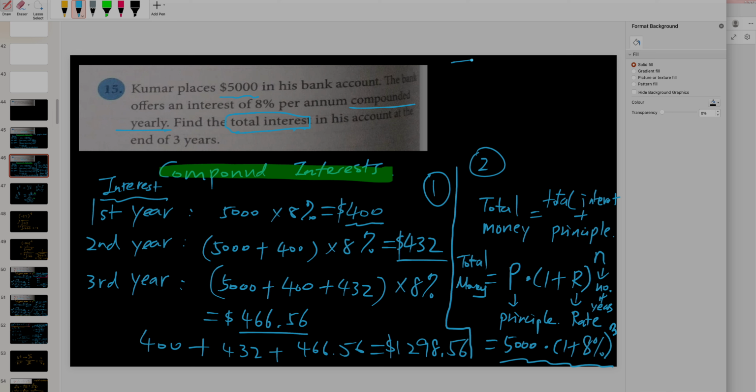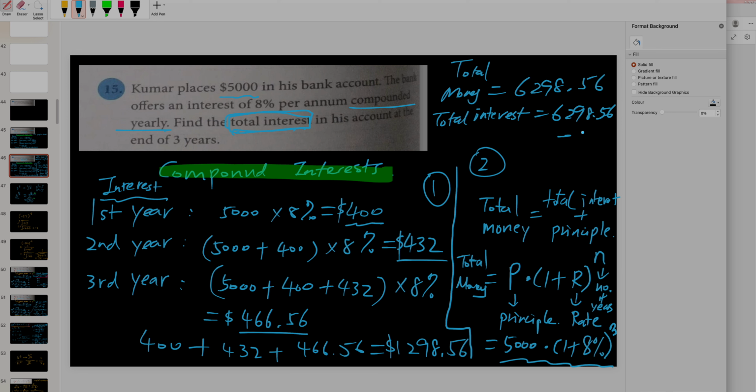Hold on. So the total money is $6298.56. This is the total money, right? They want the total interest, right? So total interest is equal to total money minus the money you put in, right?